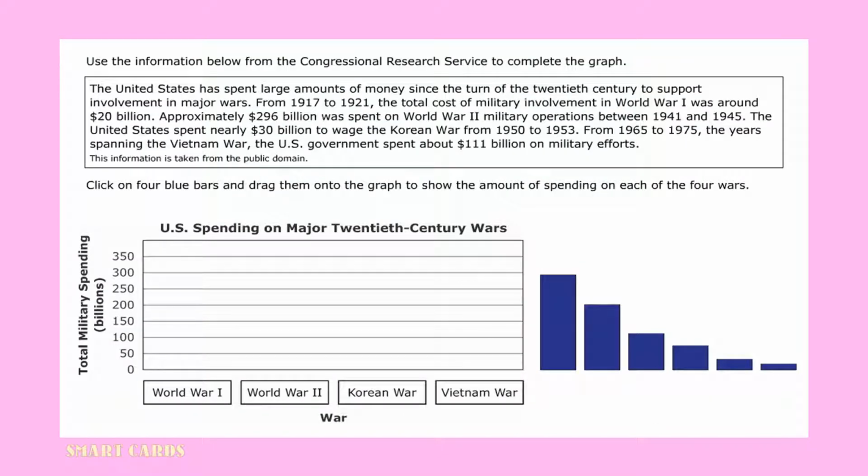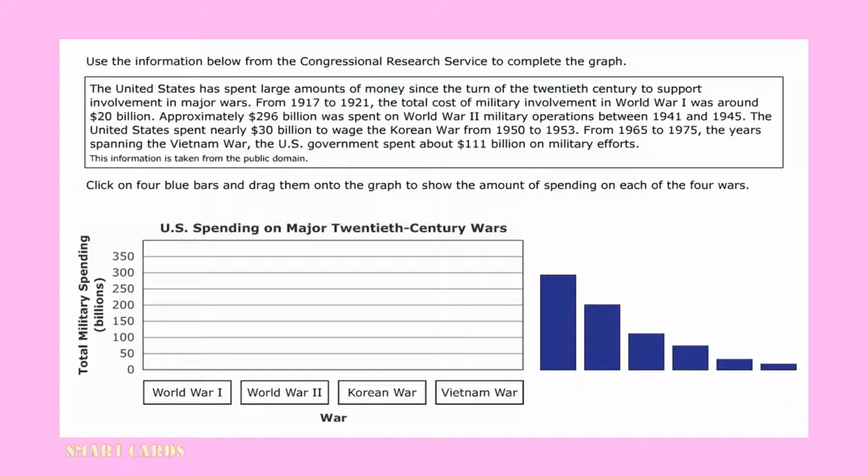Use the information below from the Congressional Research Service to complete the graph. The United States has spent large amounts of money since the turn of the 20th century to support involvement in major wars. From 1917 to 1921, the total cost of military involvement in World War I was around $20 billion. Approximately $296 billion was spent on World War II military operations between 1941 and 1945.